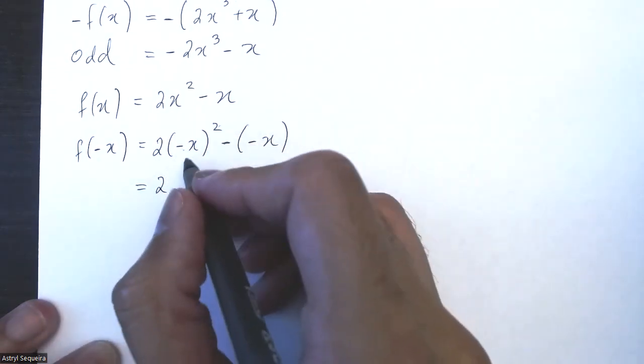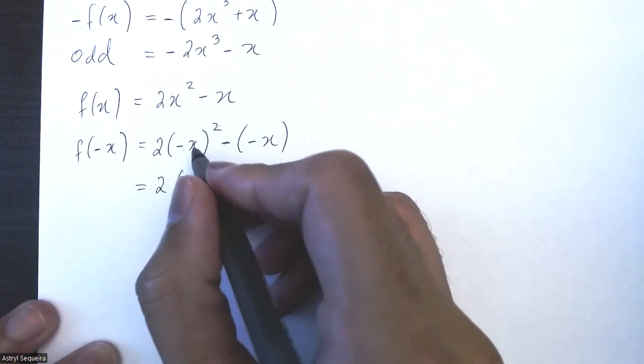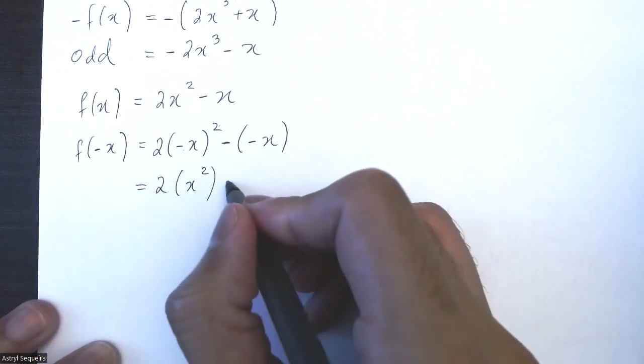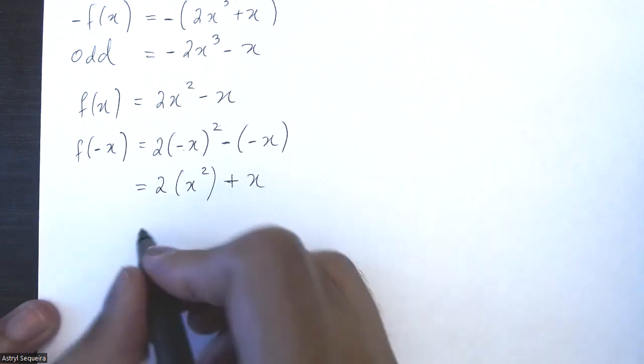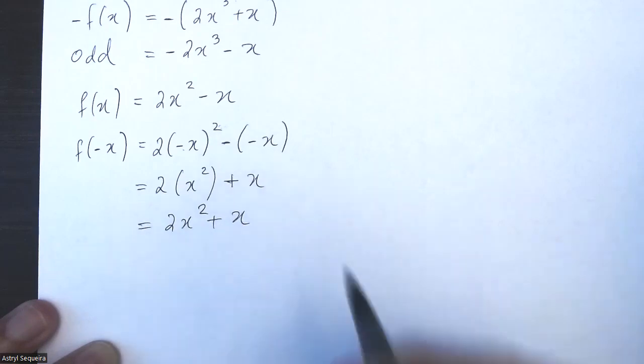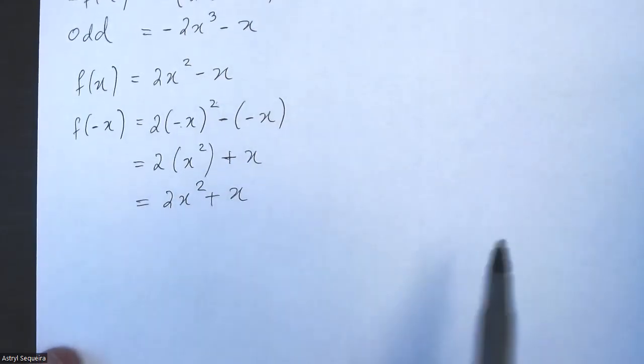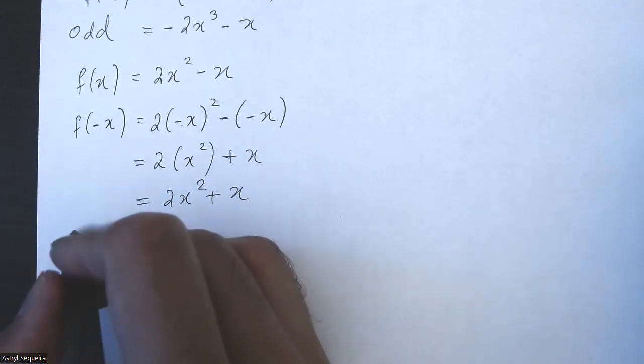Negative x squared is just positive x squared because negative times negative is positive, and the negative x makes a positive. This is just 2x squared plus x. So these two are not the same. You can see here it's a negative, here it's a positive, so they're different. So it's definitely not even.